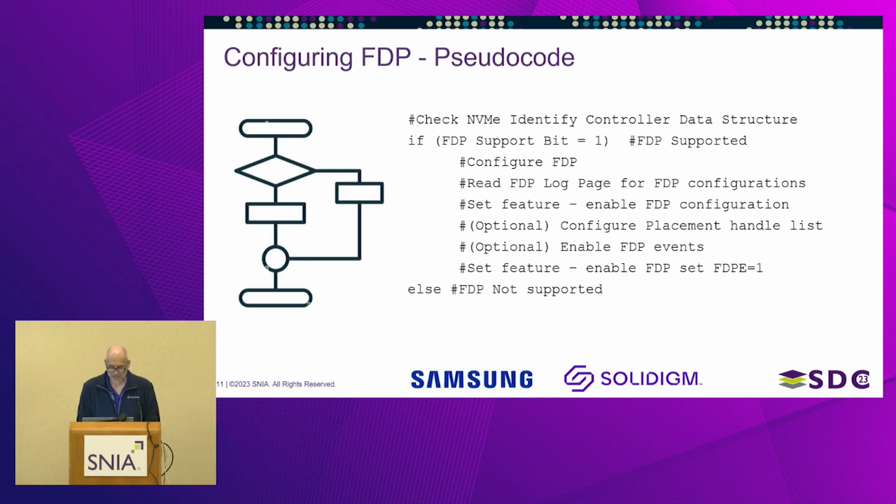So essentially what you do is you check the identify controller data structure, and you see if the FDP support bit is set to 1. If it is, then the drive can support FDP. So your next step is you go query it for the configurations that the drive supports. And then once you do that, as I showed on the configuration log pages, you read all that information, you figure out which configuration that you want to use. And then you use the set feature.